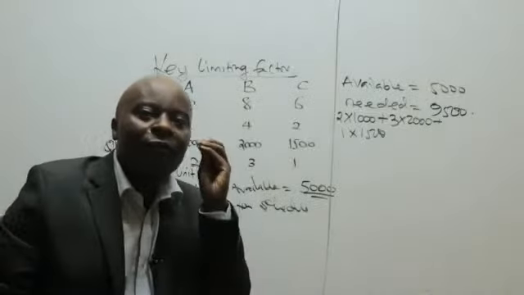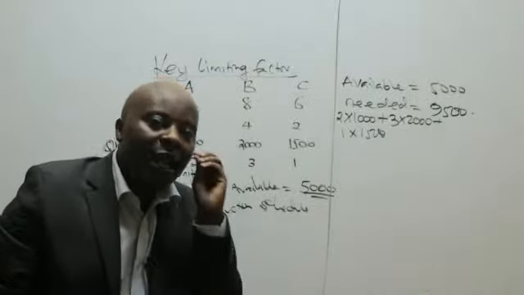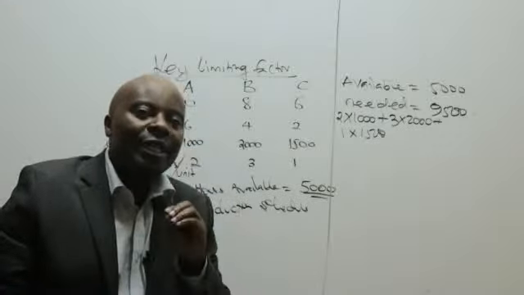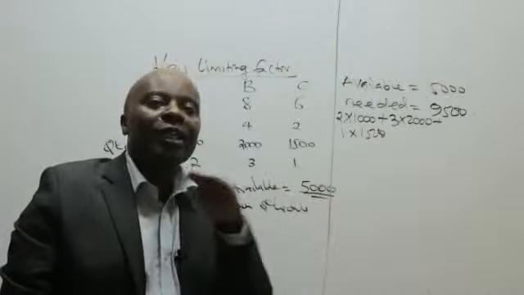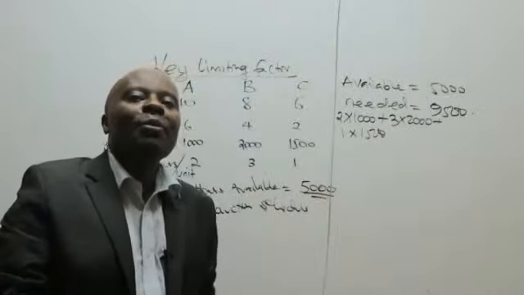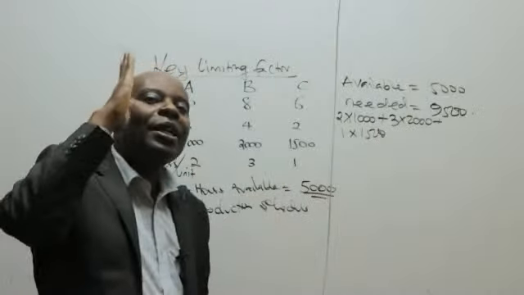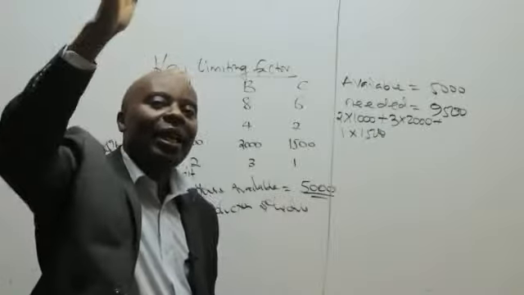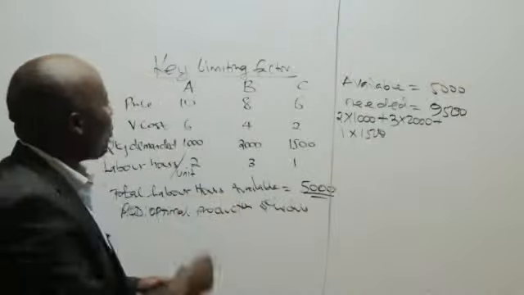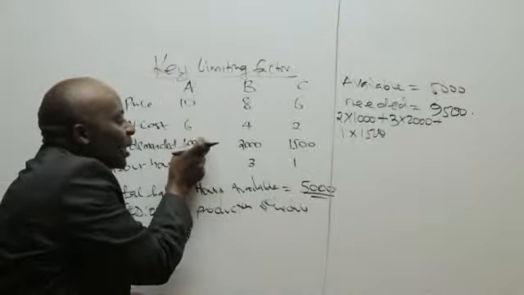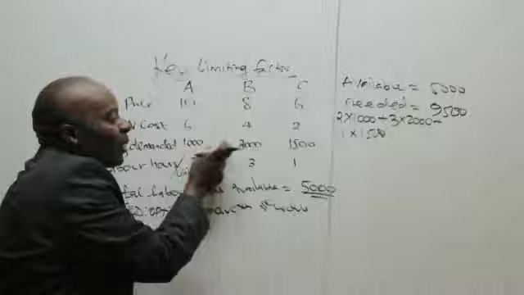We only have 5,000 and we need 9,500. So there is a resource that will prevent us from producing this maximum quantity which is expected from us.